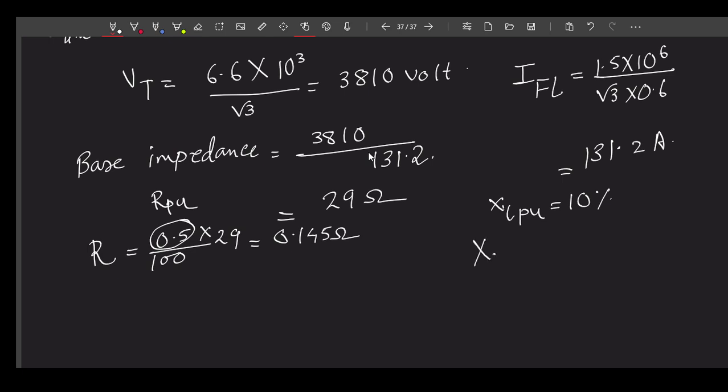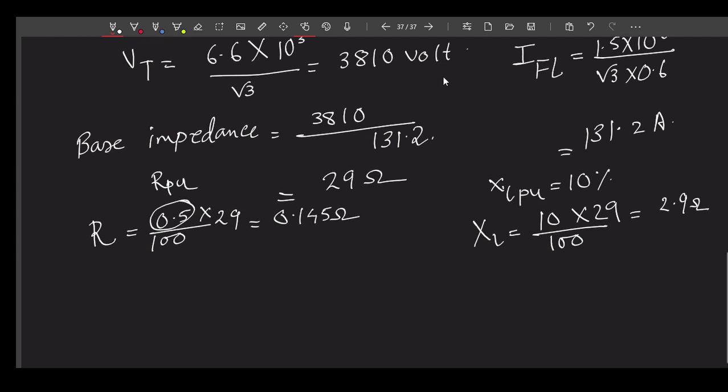So this XL actual value will be so. With the help of this, now try to understand what I was trying to tell you.